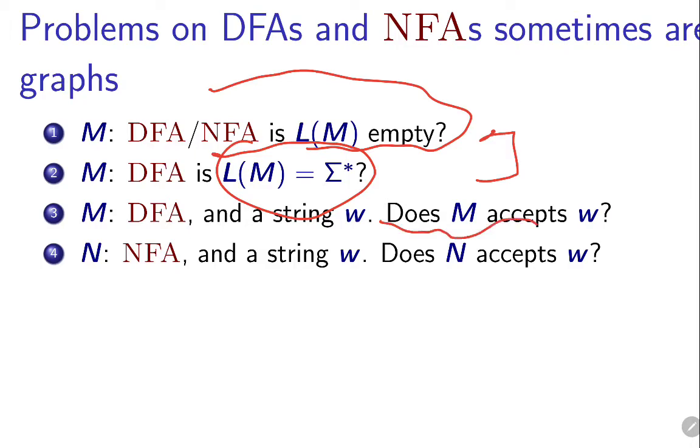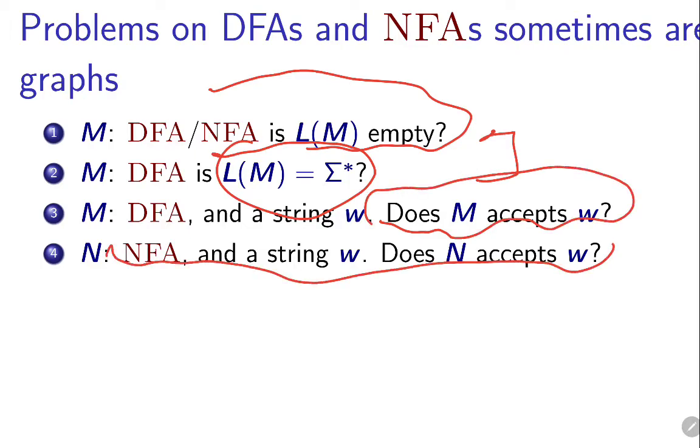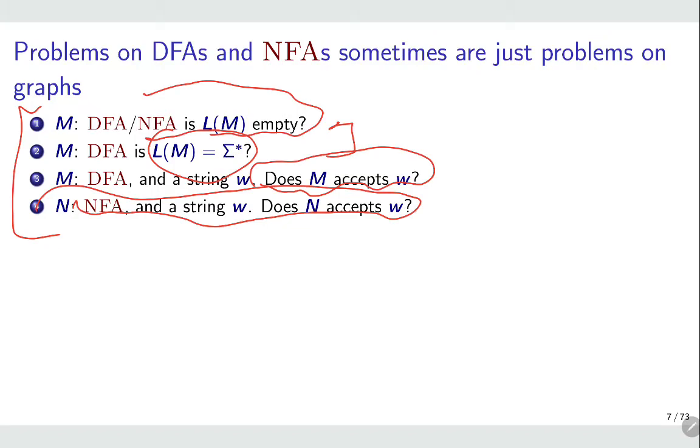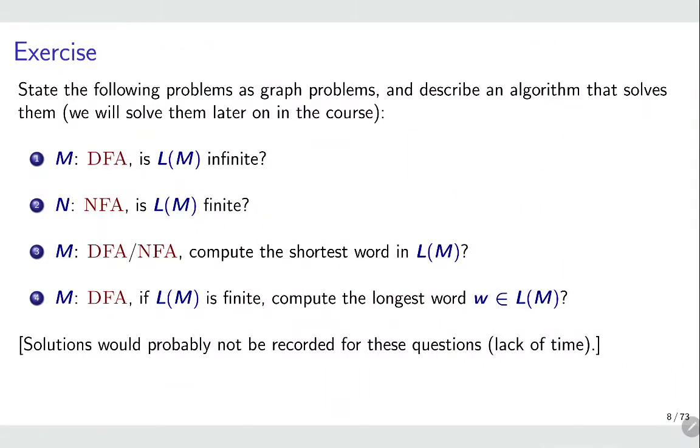Does M accept W, right? A very easy question if you have a DFA, a bit more tedious if you have an NFA. But those are all problems about graphs, which are pretty basic, and of course we will see how to solve them later on. Okay, here are more exercises that might be a bit more interesting, so think about that.